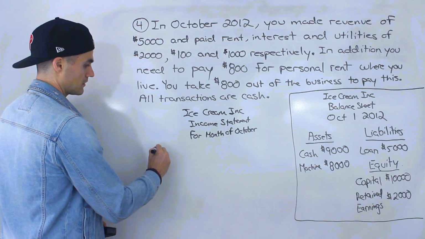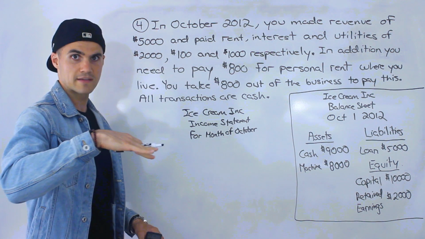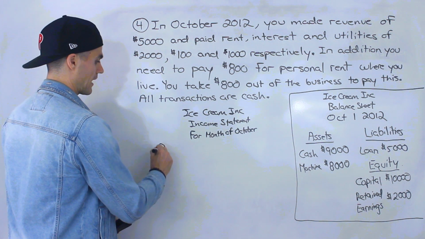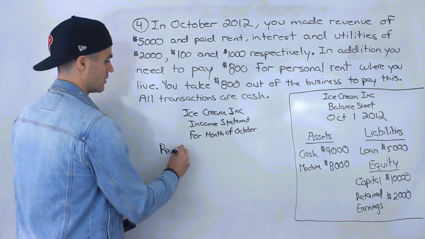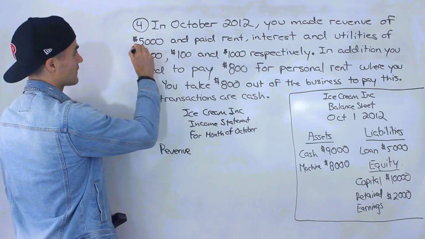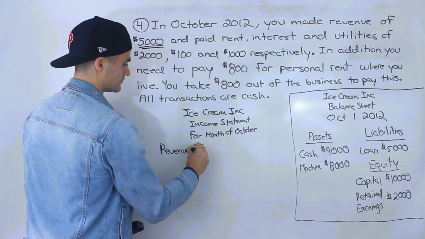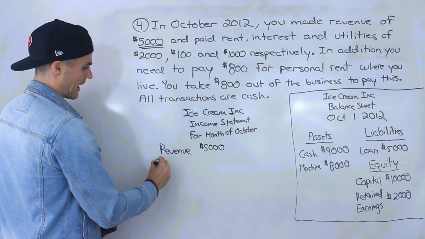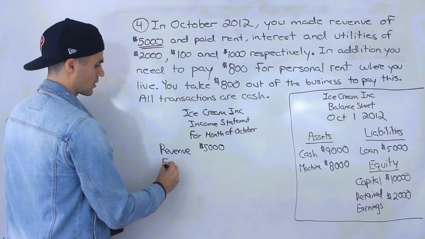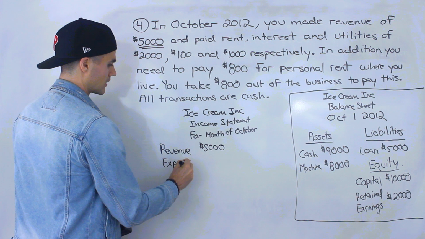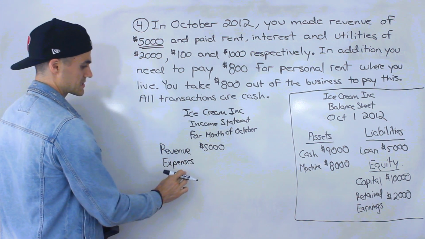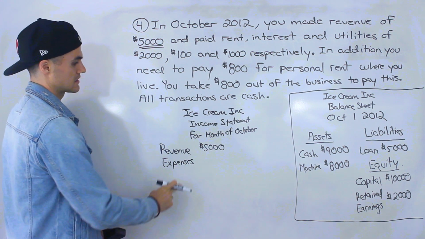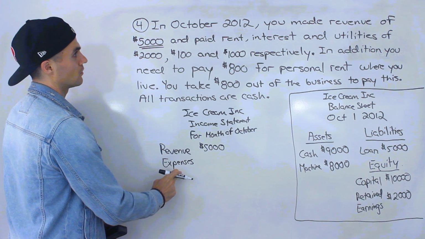And an income statement, what is it? It's revenue minus expenses equals net income. So we'll have our revenue, which we are given, it's $5,000 here. And then we have our expenses, but notice there are multiple expenses. So I'm going to put a title, expenses, and then I'm going to put the list under here. So what do we have?